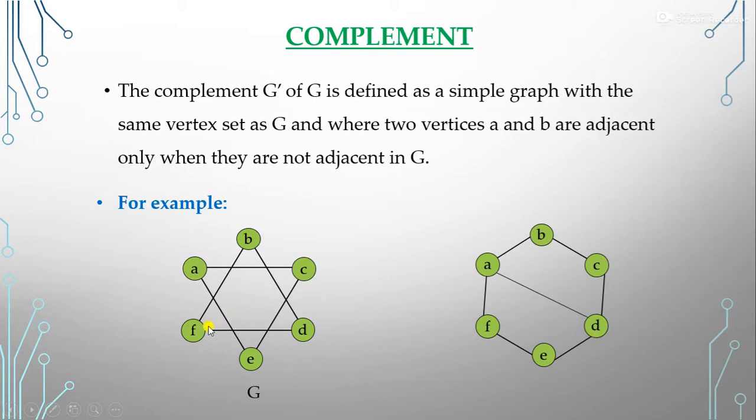B and E are connected because they are not connected in G. C, F are connected because C and F are not connected here. So this will be the graph of the complement of G.